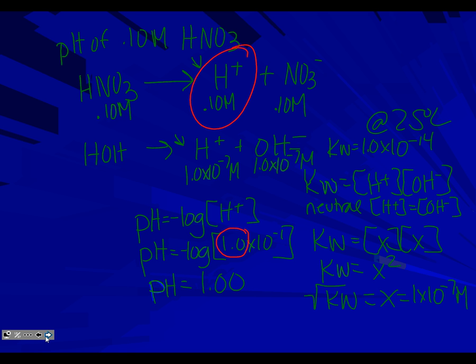Okay, so that's our first problem. The other one we had was to find the pH of 1.0 times 10 to the negative 10th molar hydrochloric acid. Let me check and see if I have an extra slide here. Oh, yep, let's go back.